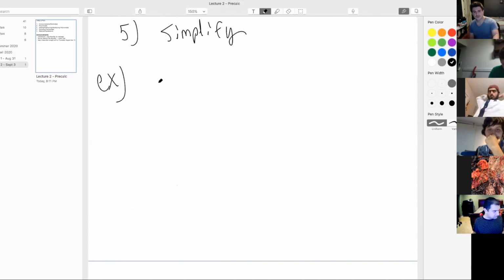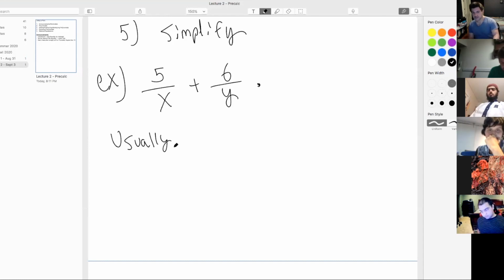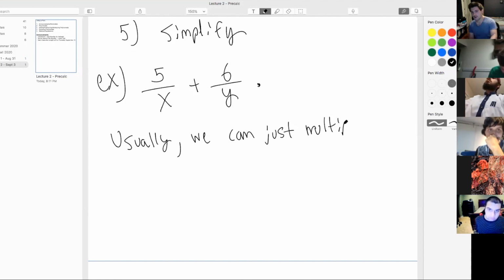So the only example: 5 over x plus 6 over y. We want to add this. To get a common denominator, a foolproof method is usually to multiply the denominators together.